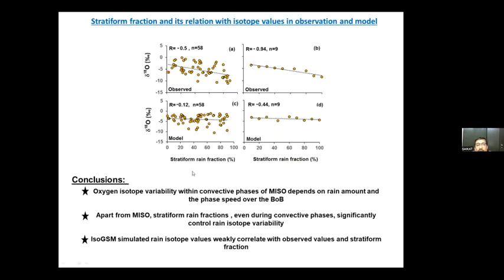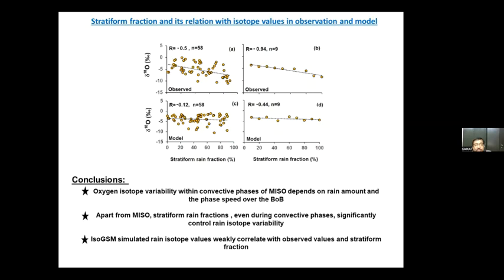When we compared the stratiform fraction with delta, we got a reasonably good negative correlation, but in the model we found the correlation is very weak. So the conclusion we draw here is that oxygen isotope variability within convective phases of the monsoon depends on the rain amount and the phase speed over the Bay of Bengal. It may not depend much on the local rainfall amount or the local meteorological parameters.